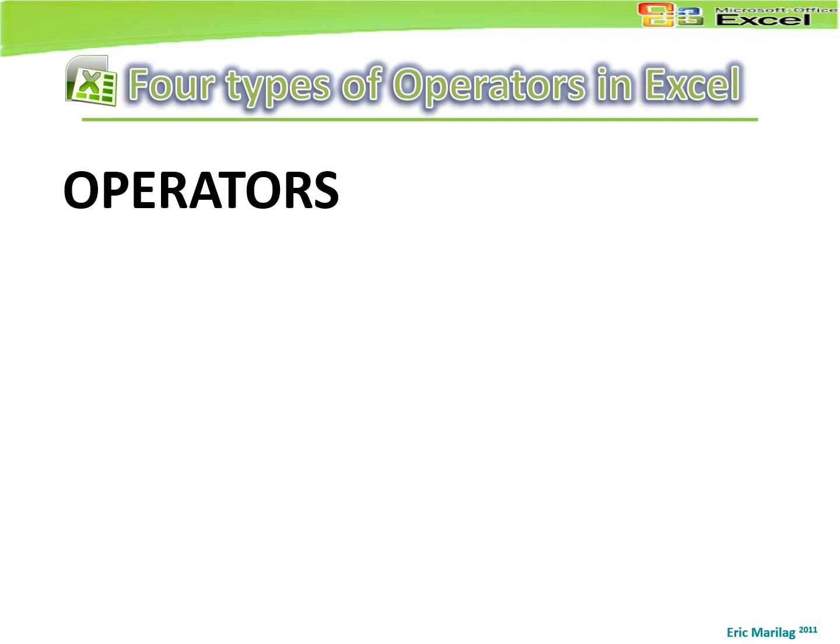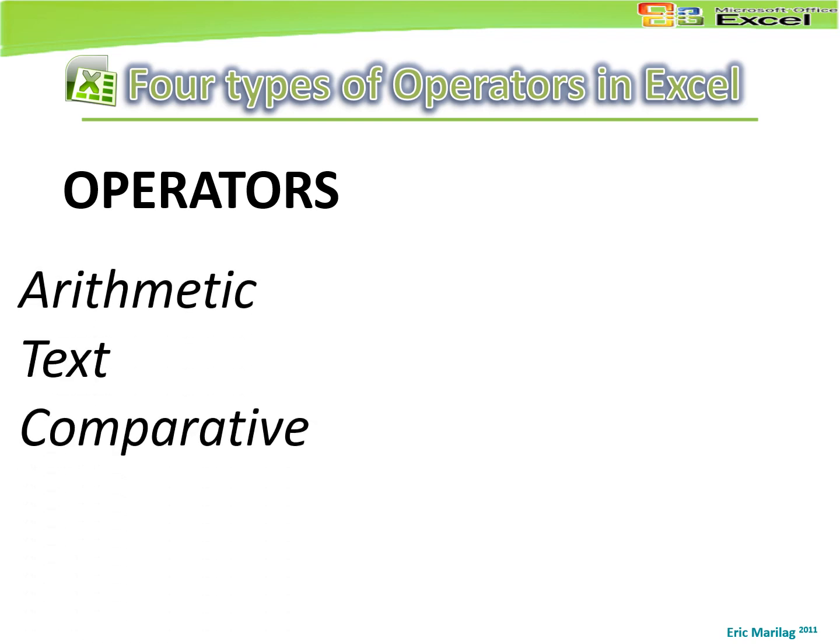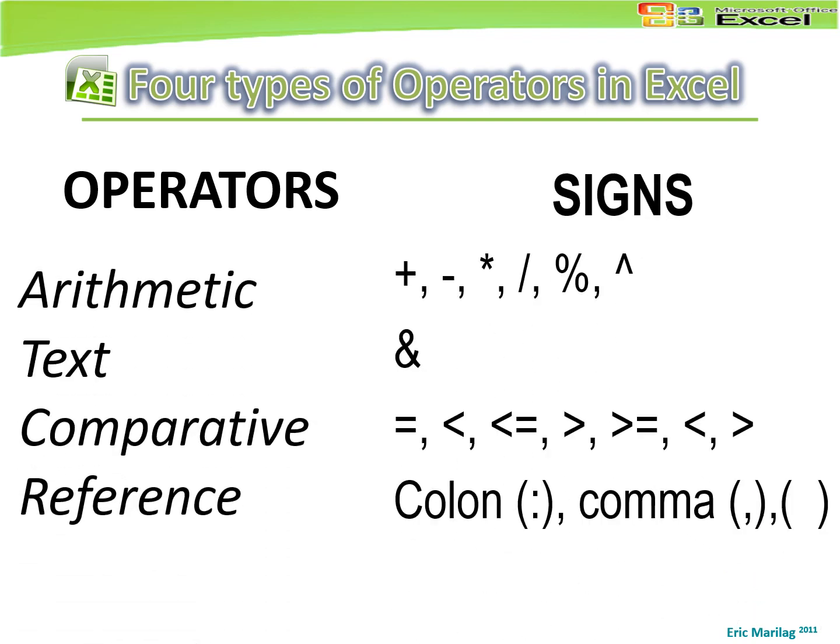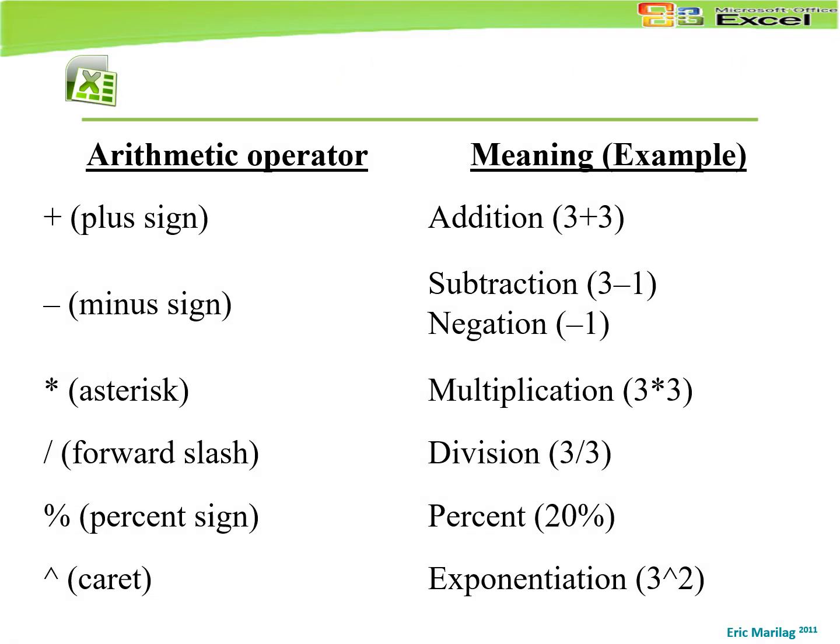So, four types of operators in MS Excel. We have arithmetic, text, comparison, and reference. So here are the signs or symbols that we use for each operator. So we have here the arithmetic operator.